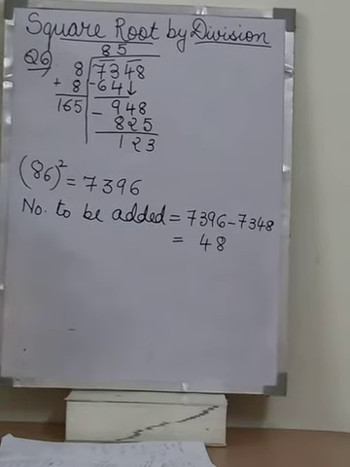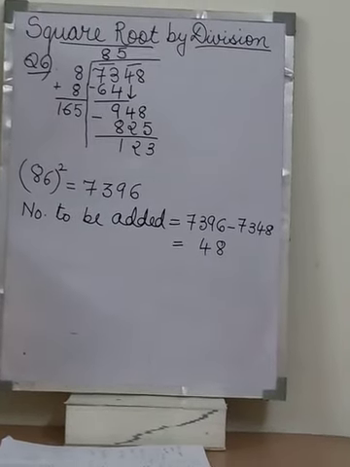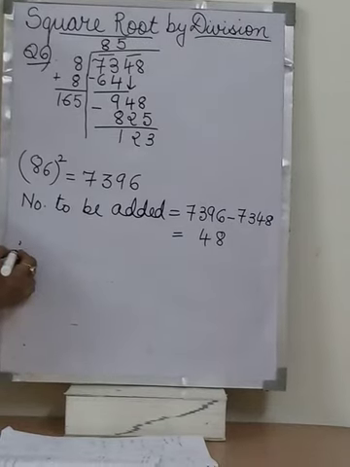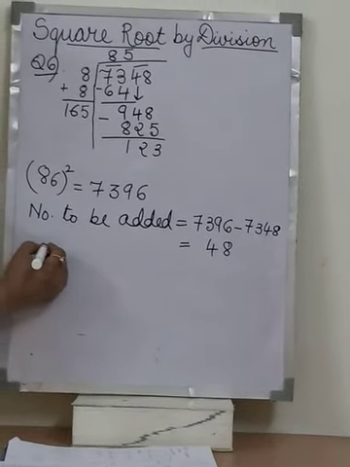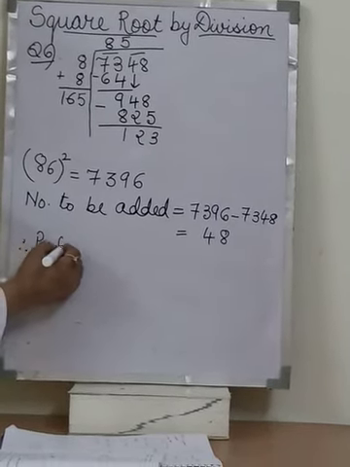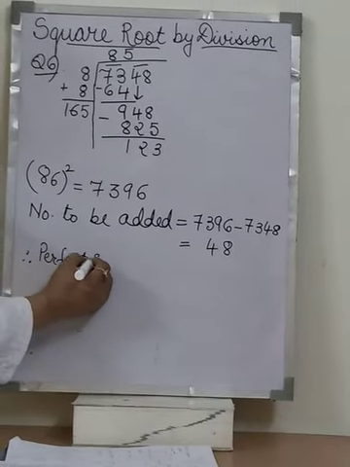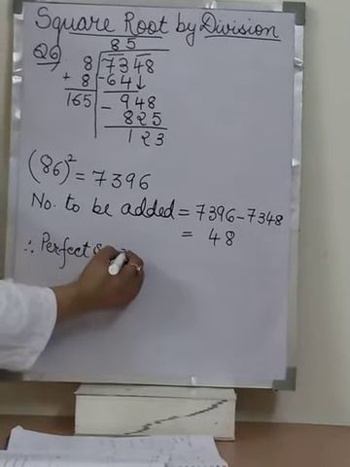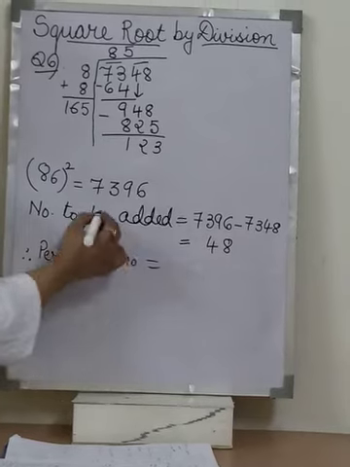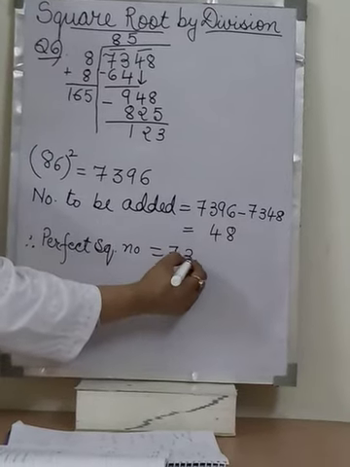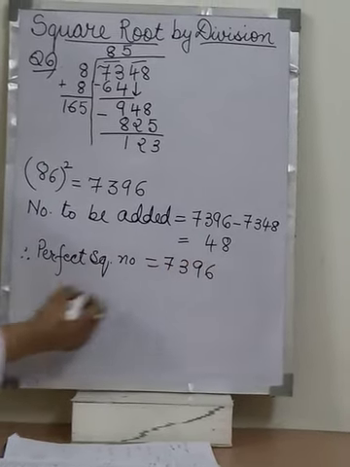Then what are they saying in the question? Find the perfect square and its square root. Therefore, the perfect square number is 7396. And what is the square root?